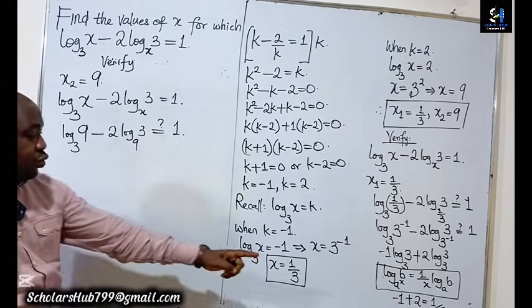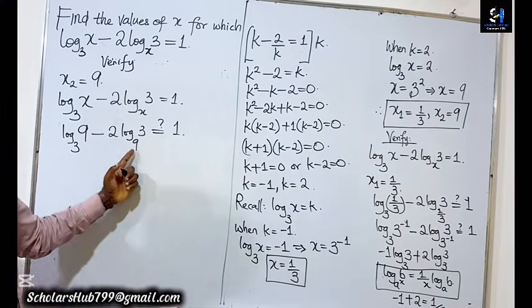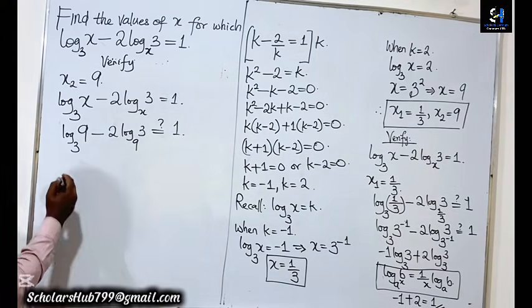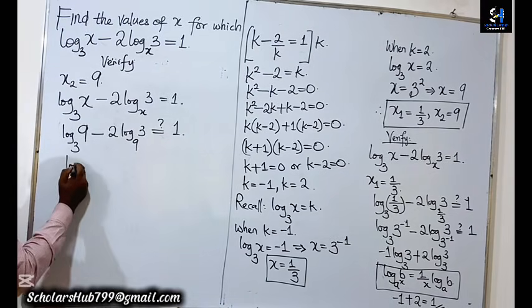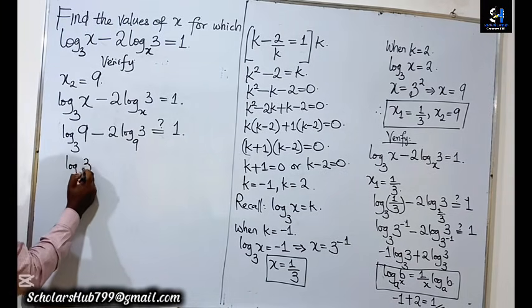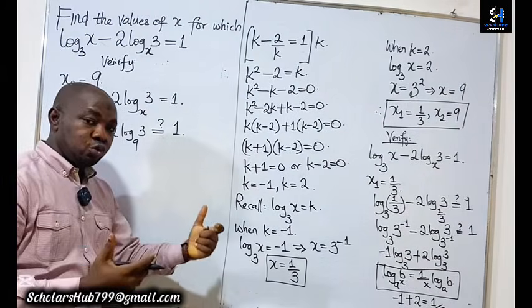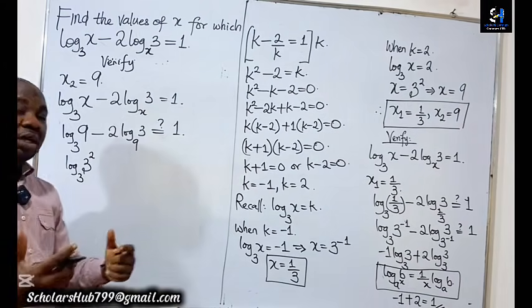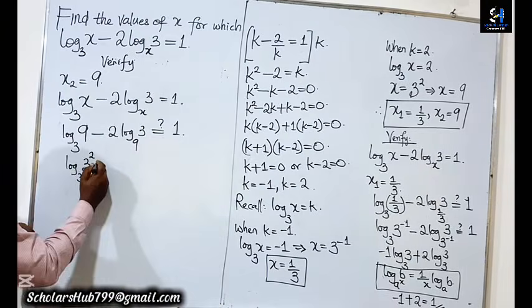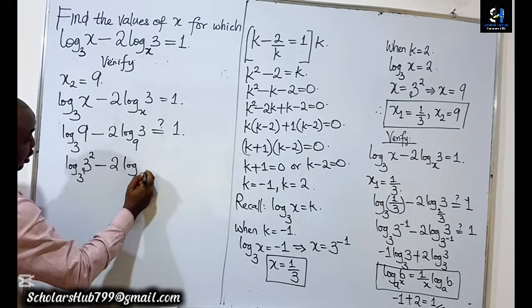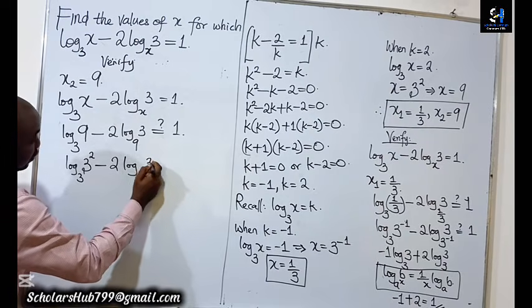I'm going to use the same property in this case. Of course, we know that this is the same as log base 3 of 3 raised to the power of 2, because 3 exponent 2 is 3 times 3, which equals 9, minus 2 log base 3 exponent 2 of 3.